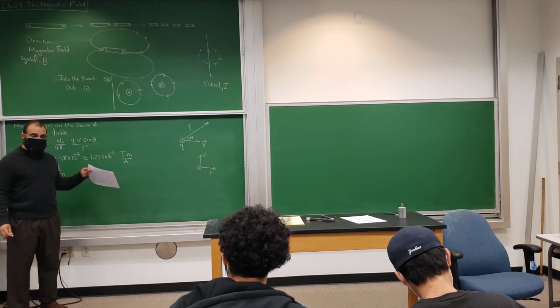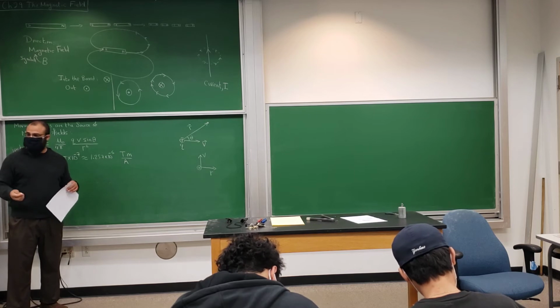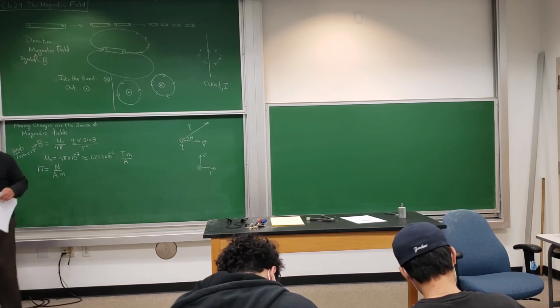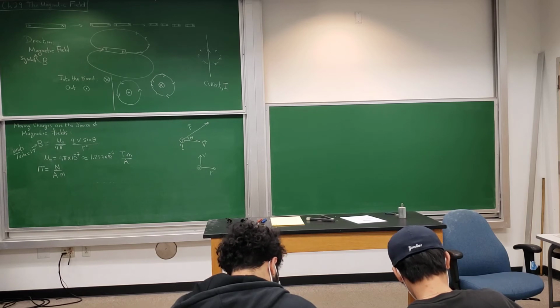So it's a good rule to remember, the right hand rule. Of course, there is a way to compute the cross product, but you shouldn't be computing the cross product every single time, especially if the vectors are in the plane.